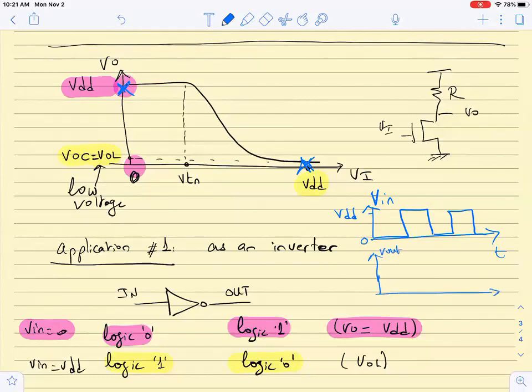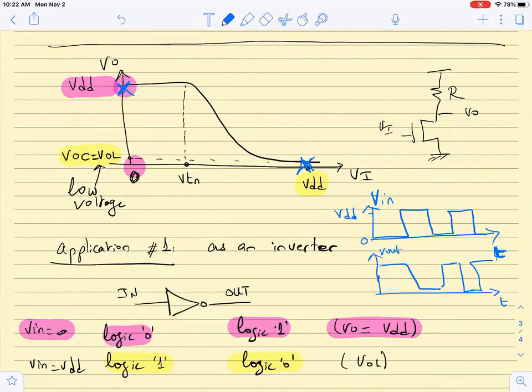The output is going to be the inverse of this value, and so on and so forth. So this is the output as a function of time. So this circuit is the basis for the inversion, or for logic operation. Does anybody have a question?